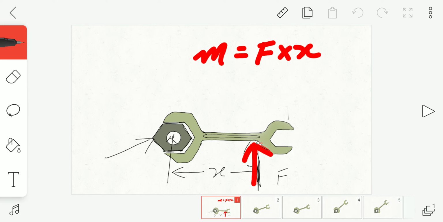In couple, we have seen two forces in opposite directions, parallel to each other with the same magnitudes, acting on a body to give the rotational effect, whereas in the case of moment we have only one force which is contributing to create the moment, the rotational effect.